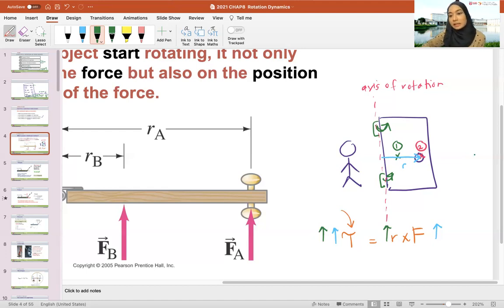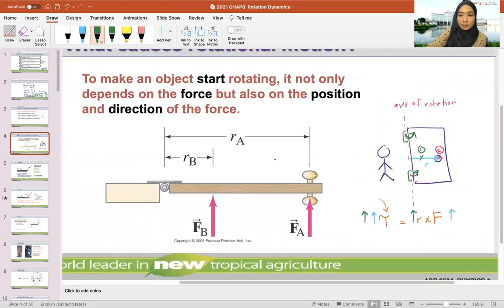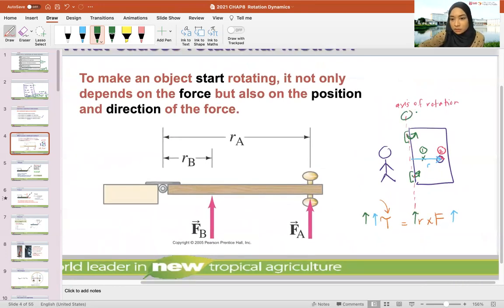Okay, so now this is like a door, right? So let's go over here. Ni gambar daripada atas. Imagine this is your eyes, you're looking at it this way, and this is what you see from the top. This is your top view of the door. Okay, so this is your hinge over here. This is your axis of rotation.